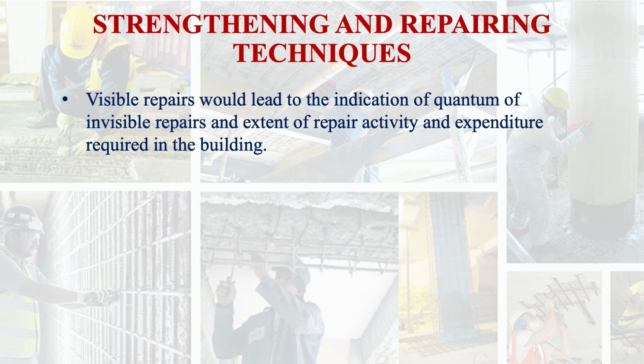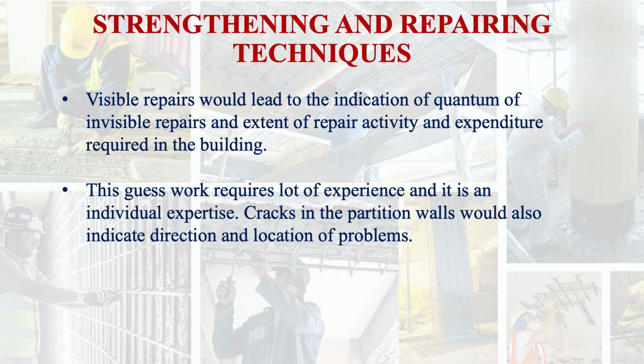Visible repairs would lead to the indication of quantum of invisible repairs and extent of repair activity and expenditure required in the building. This work requires lot of experience and it is an individual expertise. Cracks in the partition walls would also indicate direction and location of the problem.